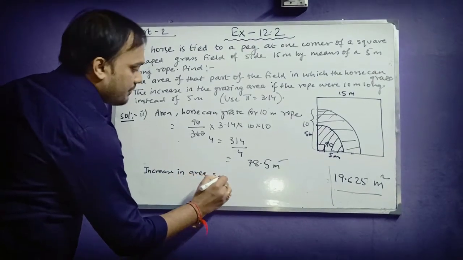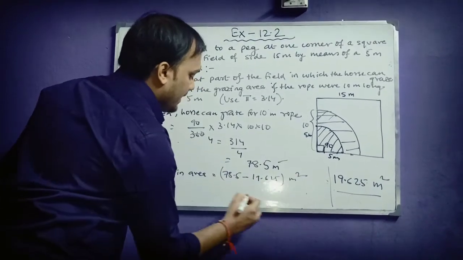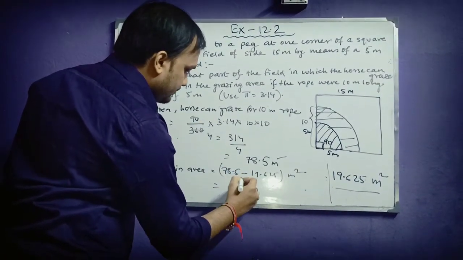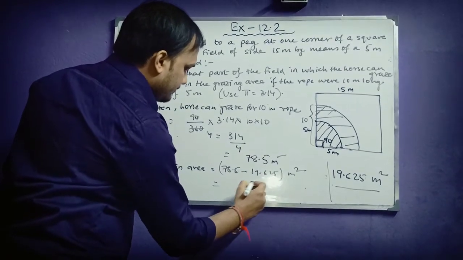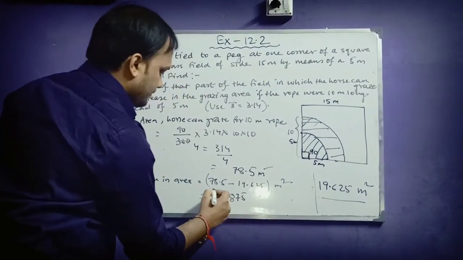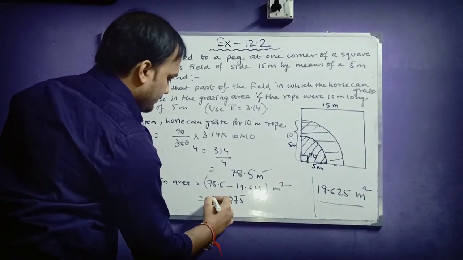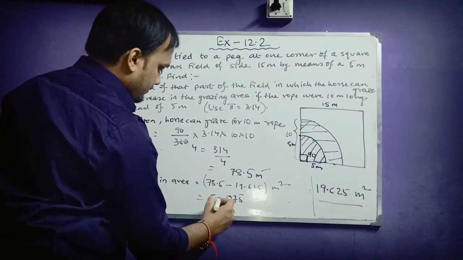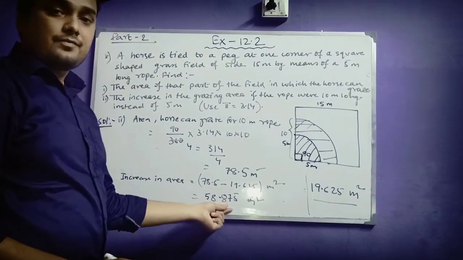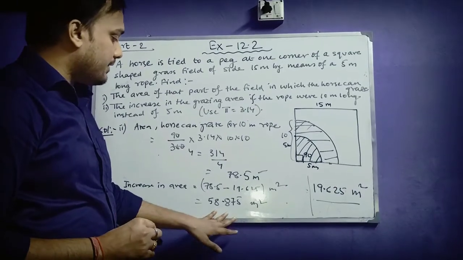Increase in area equals to 78.5 minus 19.625 square meter, which will be equals to 58.875 meter square, the increase in the area where the horse can graze. So this is our final answer.